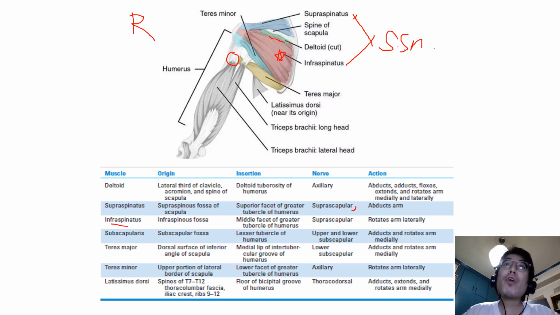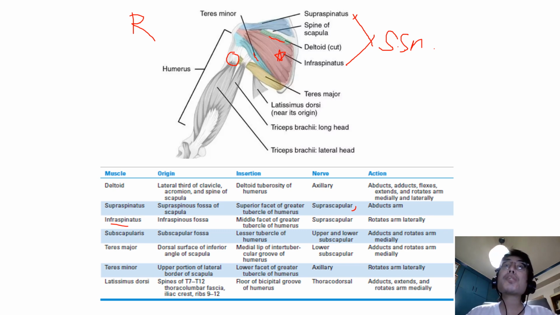On top of or superior to the teres major is the teres minor. The teres minor, shown here, originates from the upper portion of the lateral border of the scapula, and it inserts into the lower facet of the greater tubercle of the humerus.